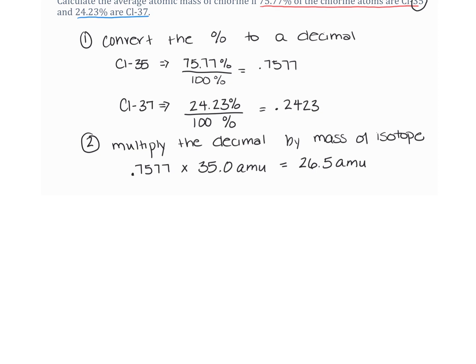Then for the chlorine 37, we're going to take the 0.2423, the decimal, and multiply it by the AMUs that are given with the number, so 37. And that gives us 8.97 AMU. Then the final step is you need to add the masses.